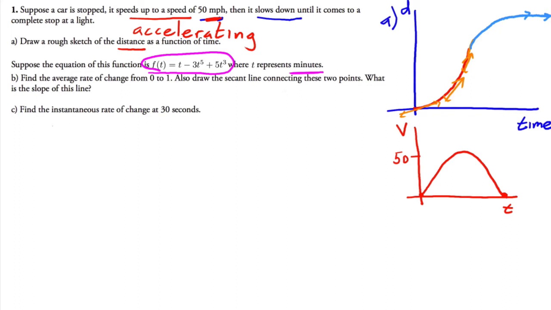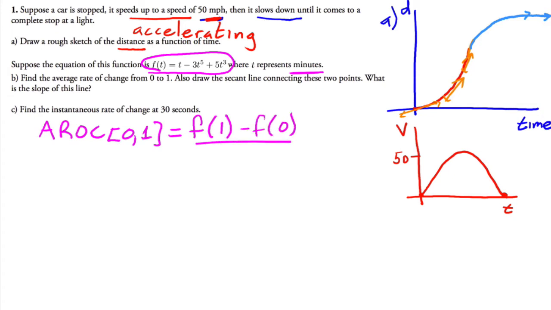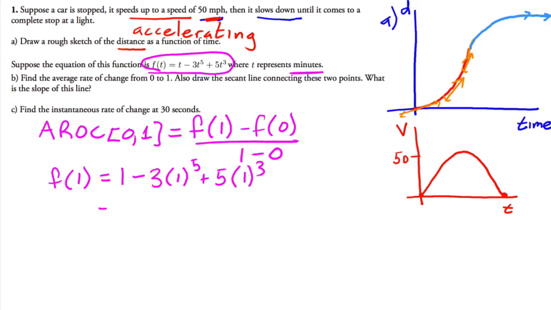Remember, the average rate of change between 0 and 1 is equal to f of 1 minus f of 0 over 1 minus 0. So f of 1 is going to equal 1 minus 3 times 1 to the 5th plus 5 times 1 to the 3rd.